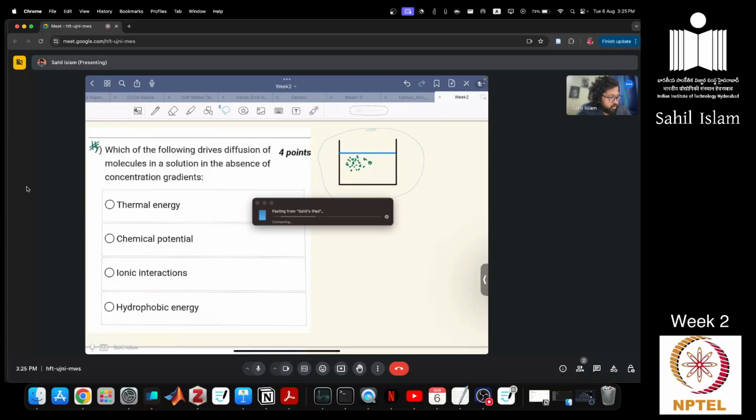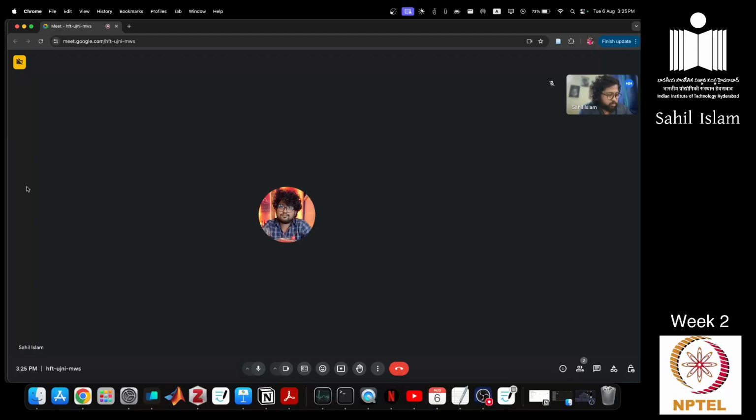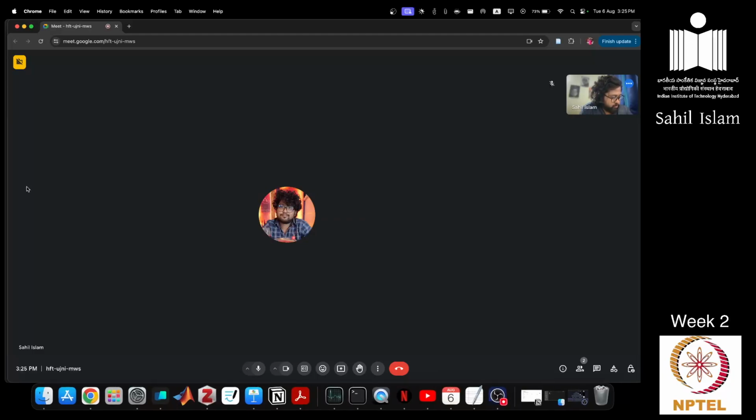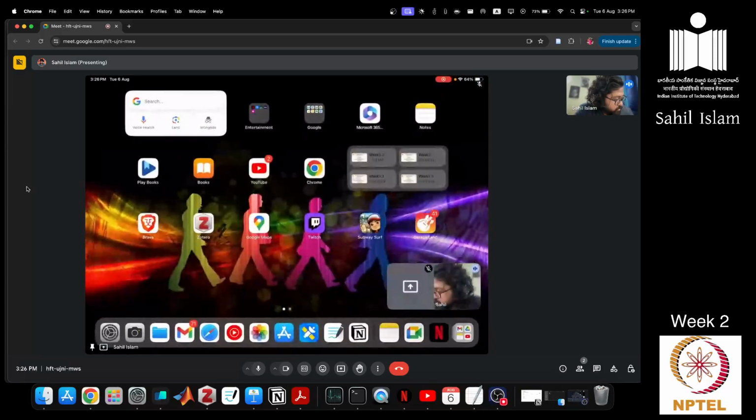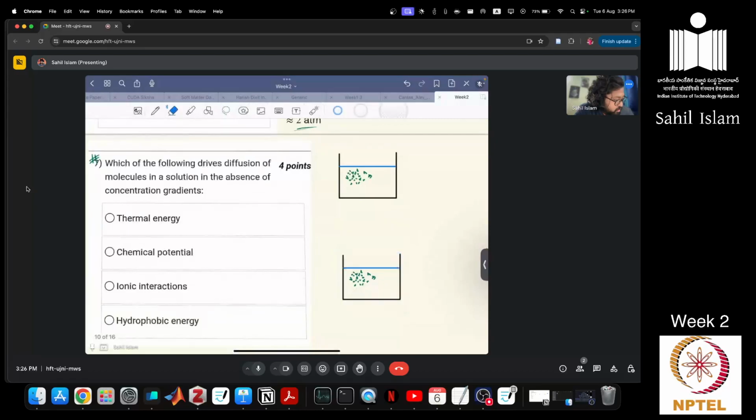What do I mean by homogenizing? Homogenizing means that the concentration of these molecules will be even throughout the region.